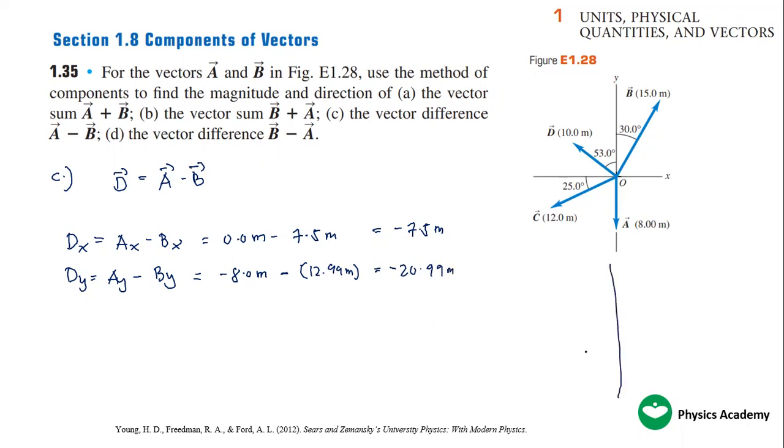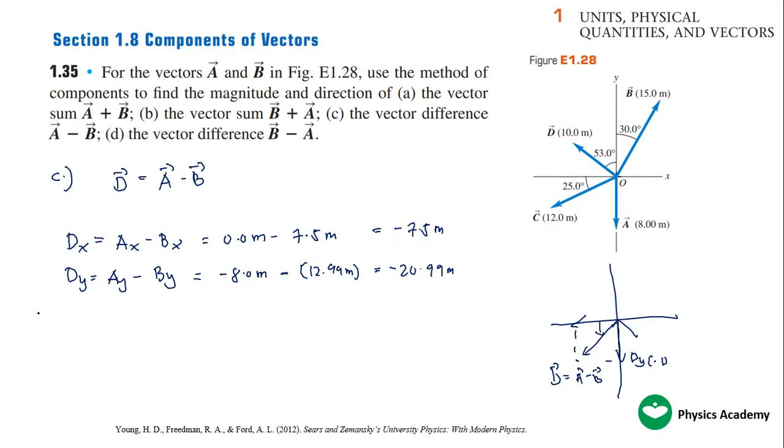If you sketch this one, we have negative dy and negative dx. Okay, so our vector d is along this direction. That's d equal to vector a minus vector b.